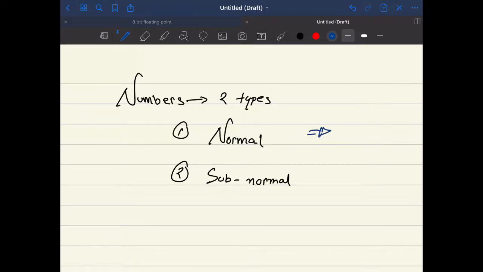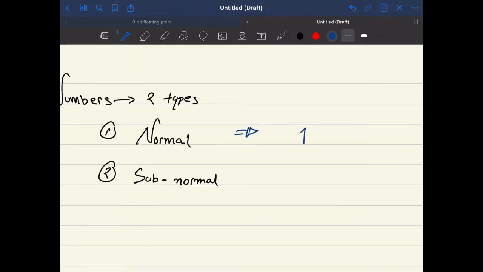Normal numbers are of this pattern: 1 dot some fractional value, and subnormal numbers are basically 0 dot some fractional value. So the difference is in the integer portion. Normal numbers have 1 and subnormal numbers have 0.